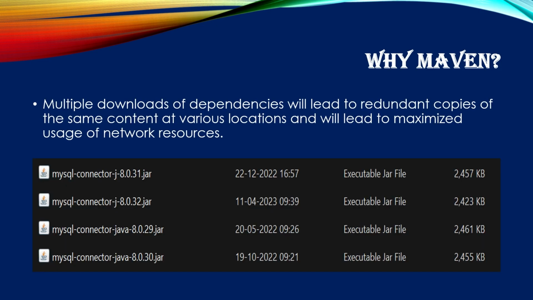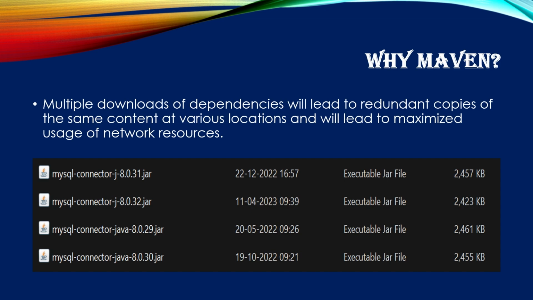Yeah. And another issue is, let's say everyone says okay, we will always use the latest version, but then your computer or laptop is going to have multiple versions of the same file. Let's say my laptop has 8.0.31, 32, 29, 30 also. Now you may say that every time you can delete the previous versions. That is fine.